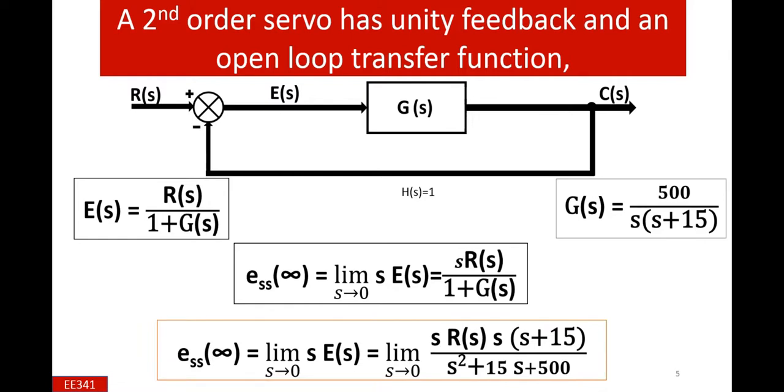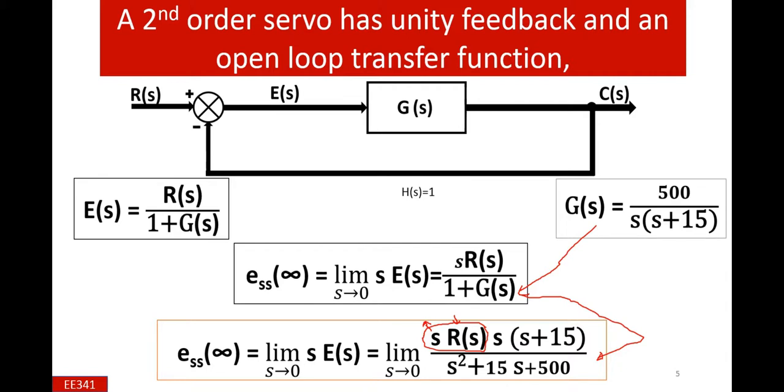After substituting the open loop transfer function G(s) given here and simplifying, in the numerator we have R(s), and this s belongs to the steady state error definition, while R(s) is related to the error signal. The term s times (s plus 15) relates to the open loop transfer function, and the denominator of the steady state error is the simplification factor.